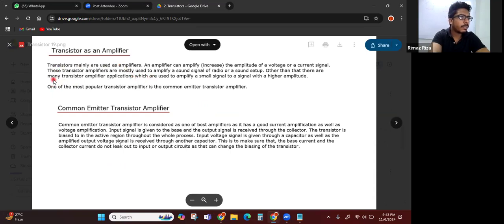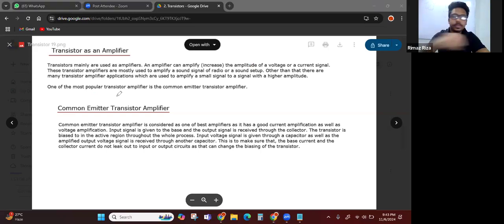An amplifier can amplify, that is, increase the amplitude of a voltage or current signal.